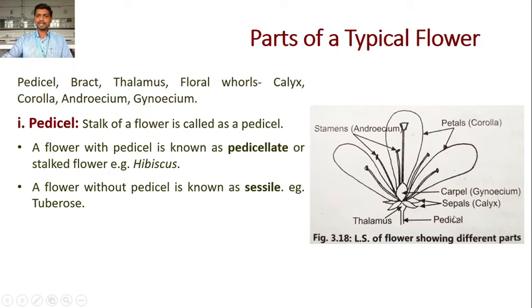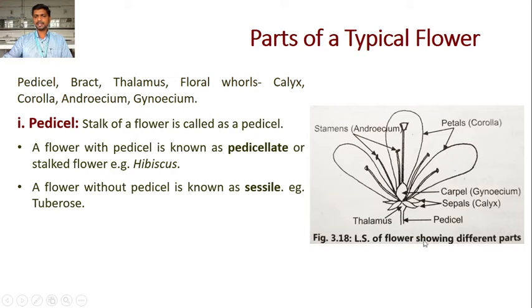If the pedicel is present, then the flower is pedicellate. If the pedicel is absent, it is known as sessile. A pedicellate flower is for example hibiscus, and a sessile flower is for example tuberose.